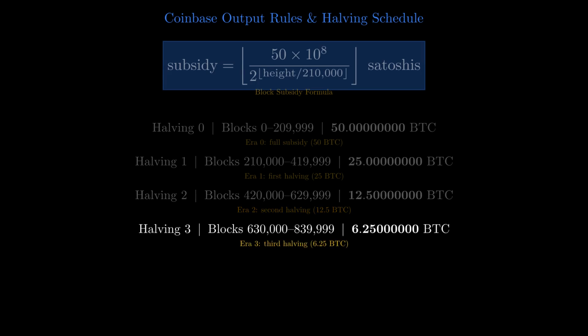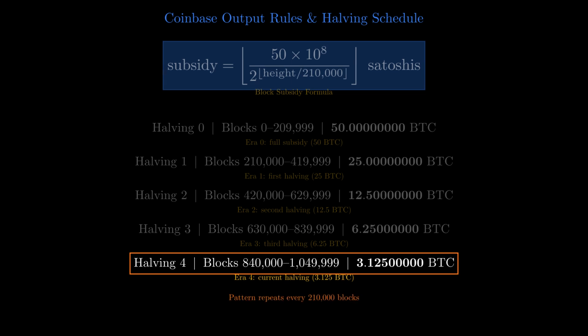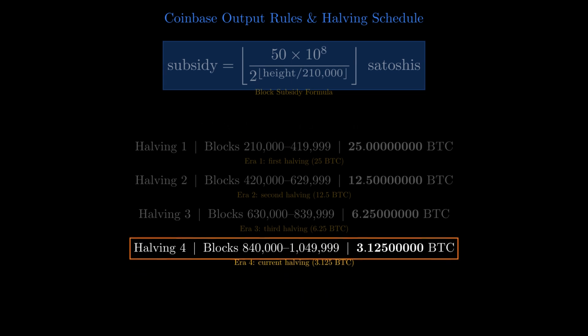Halving 3 spans blocks 630,000 through 839,999 at 6.25 BTC. And halving 4, the most recent, covers blocks 840,000 through 1,049,999, bringing the subsidy down to 3.125 BTC. This pattern repeats every 210,000 blocks.